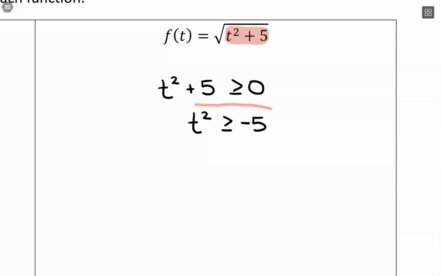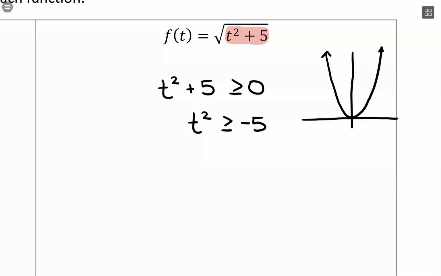And in fact, I can go ahead and graph this situation, meaning I can graph t squared, because that's just our standard parabola. I'm just going to sketch this. So t squared looks something like this. Don't need to worry about being too detailed here. And then I have the line y equals negative 5, which is down here somewhere.